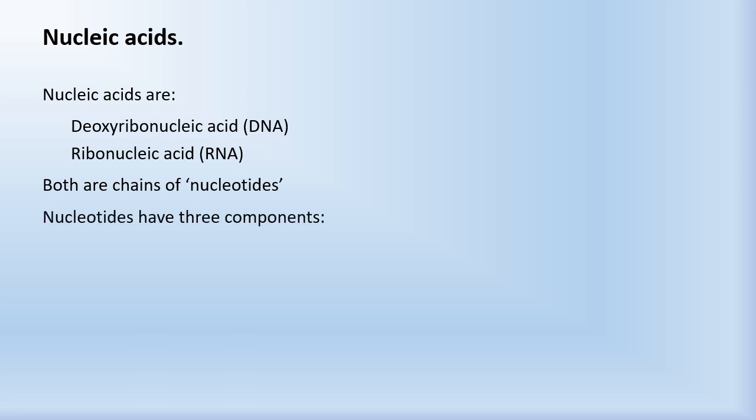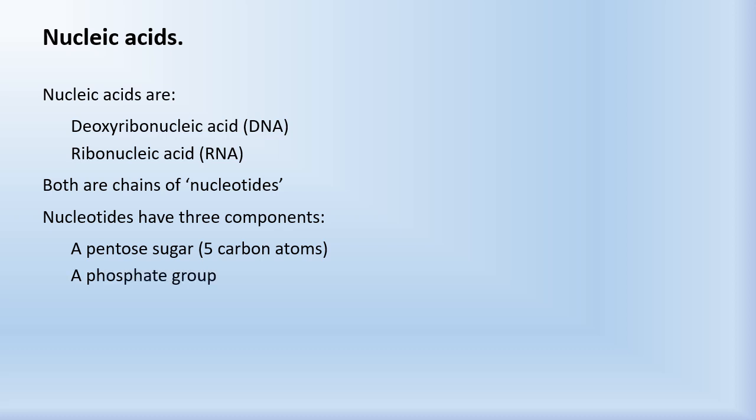Nucleotides have three components: a pentose sugar, so a 5-carbon atom sugar. This is known as a ribose. In DNA, the ribose lacks an oxygen atom, hence deoxyribonucleic acid.